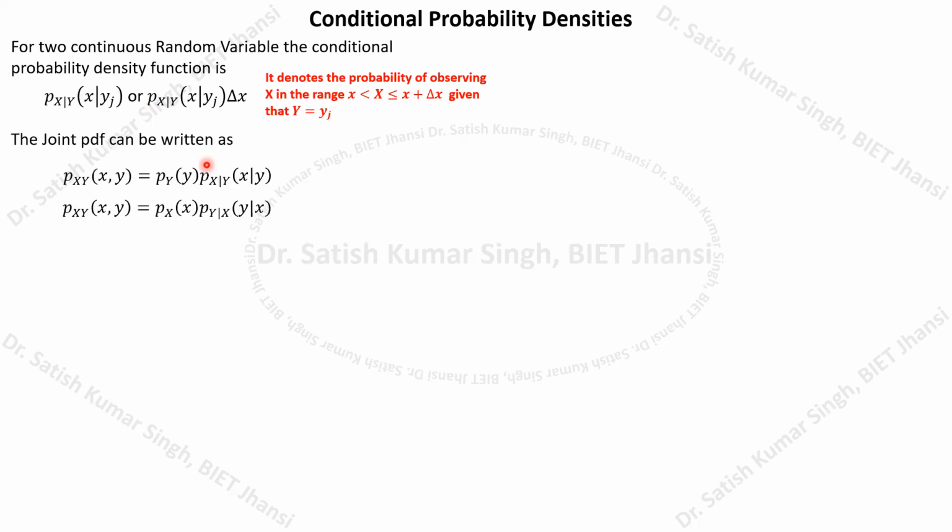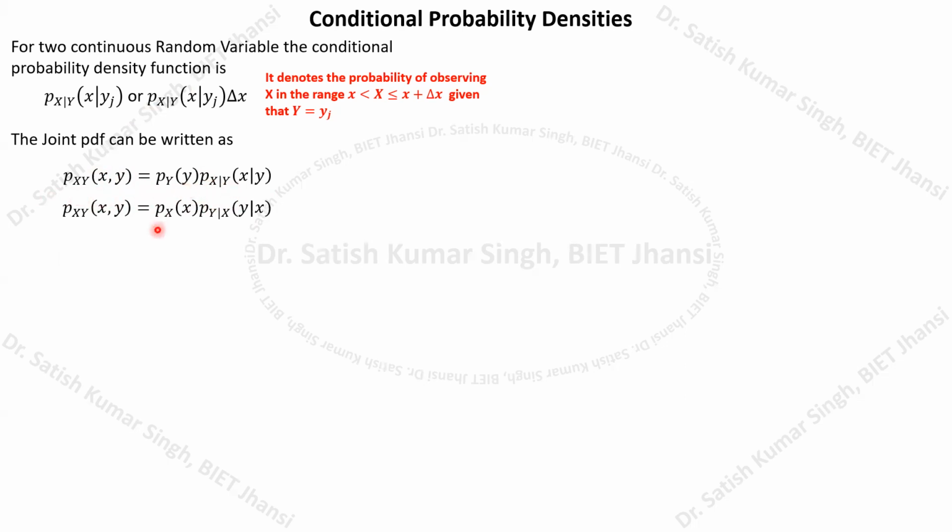So we can write this joint PDF in terms of conditional probability by writing this expression. Okay, so if we want to get this joint PDF p(x, y), then this can be written as p(y) p(x | y).